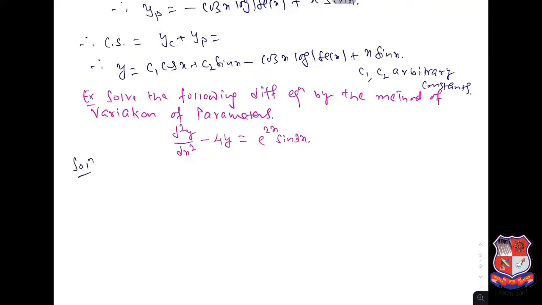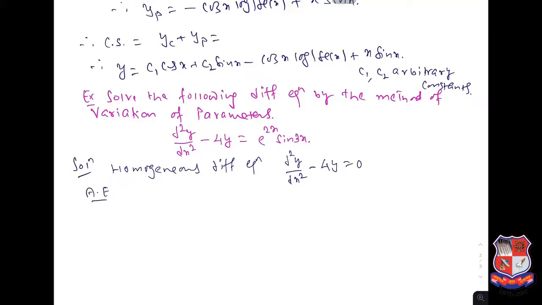So first we solve the homogeneous differential equation, and that is d square y by dx square minus 4y equal to 0.